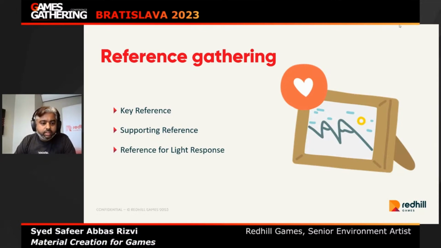Then I find supporting references for that material, and after that I find references for the light response: how the material reflects in different light and how it reacts in different light scenarios. These are the three types of reference I gather. We will go deeper into this in our slides.